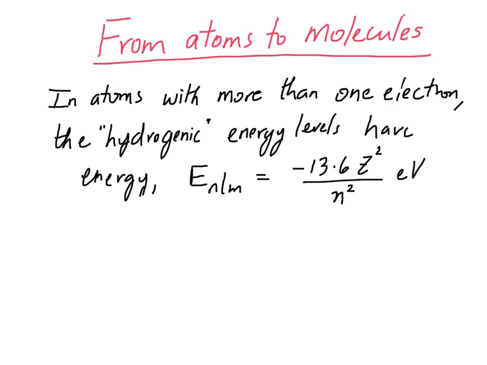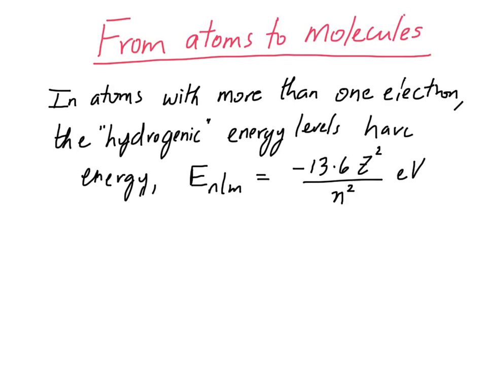Let me explain why we call the spectrum of energy levels hydrogenic energy levels. For simplicity, we assume, initially at least, that the different electrons of our atom do not interact with each other. They do not see each other. Which means that each of our different electrons independently interacts with the nucleus and with the nucleus alone.